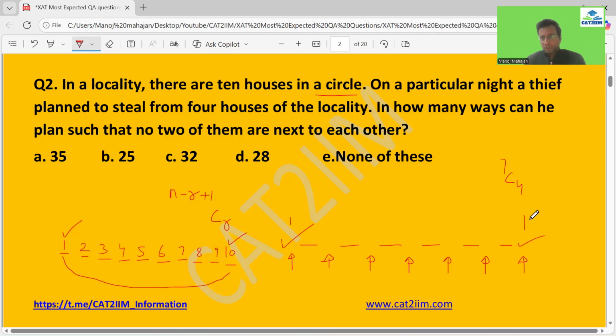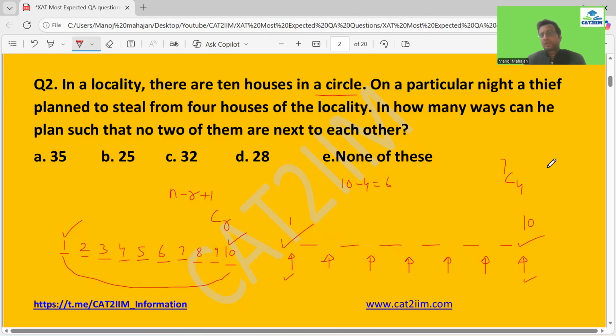So this is your house number 10. Out of the remaining places, these 2 we have already picked up, so we are left with 5 places in between. How did we get 6 houses out here? 10 minus 4, that was 6.